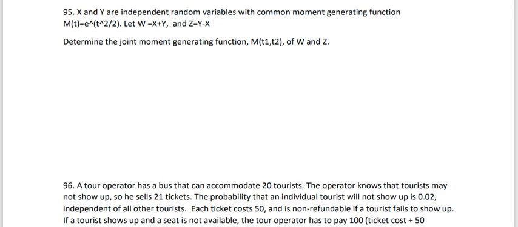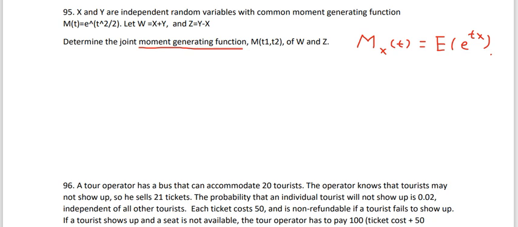So problem 95 is moment generating function. The definition of the moment generating function for one variable: let's say the moment generating function for variable x equals the expectation of e to the tx.